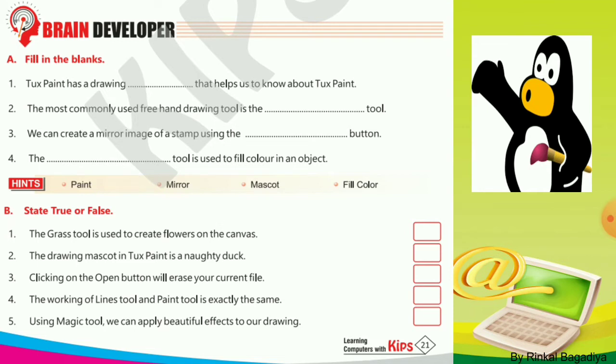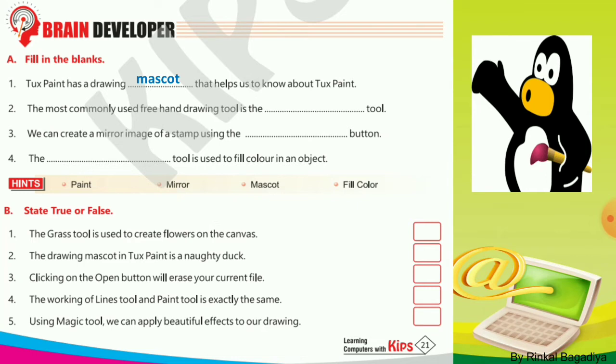These are the options for the blanks. From this we have to find the right answer for the blanks. So, what is the right answer for the first blank? Tux Paint has a drawing. Yes, mascot. So write in the first blank mascot, M-A-S-C-O-T, mascot.